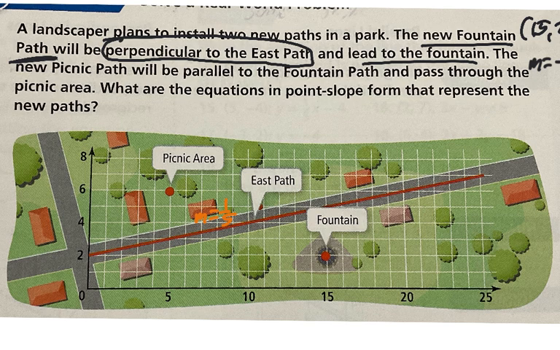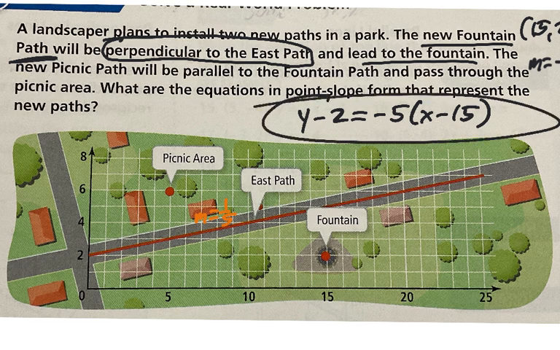I know a point and I know the slope. Point and the slope is point slope form. y minus y1 equals m times x minus x1. This is the answer to the first line. Any questions on that?